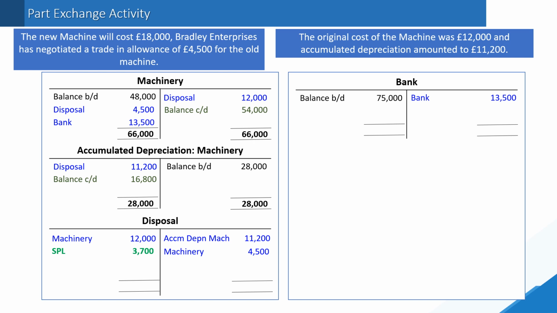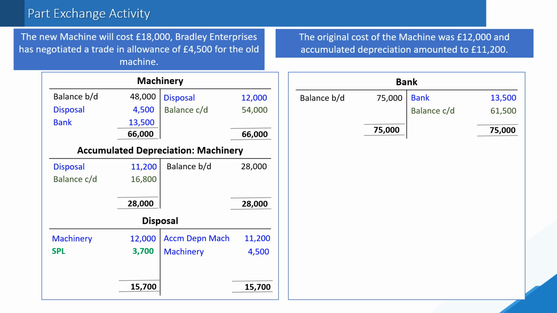So our proceeds or our part exchange allowance in this question was greater than the net book value of the disposed asset. So we have a profit. That profit is recognised on the debit side of the disposal account, as you can see, and will ultimately get transferred through to the statement of profit and loss as a sundry income. And finally, to conclude, the balance carried down on the bank is 61,500.